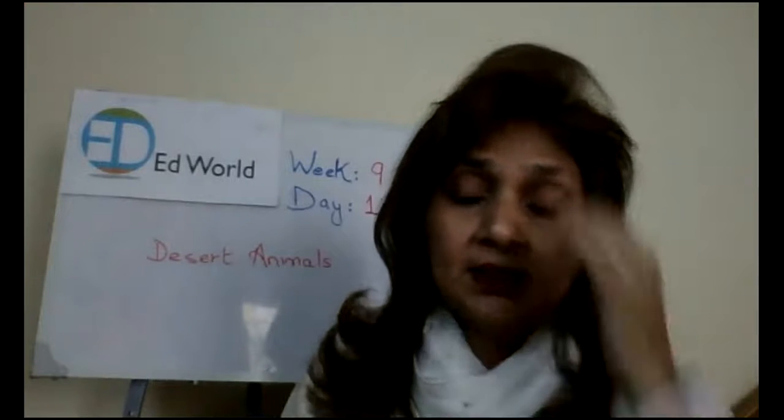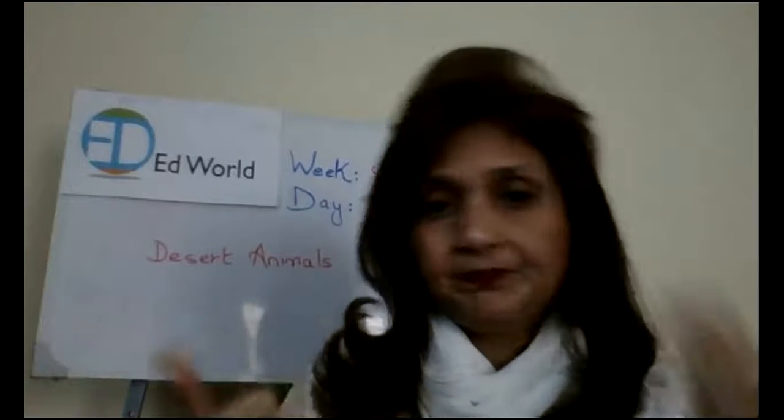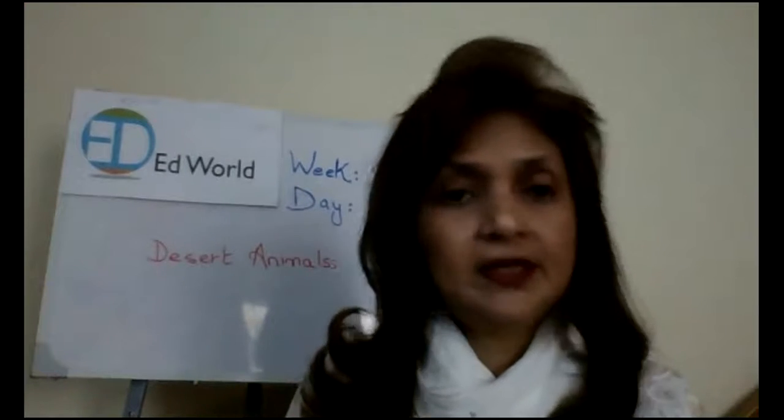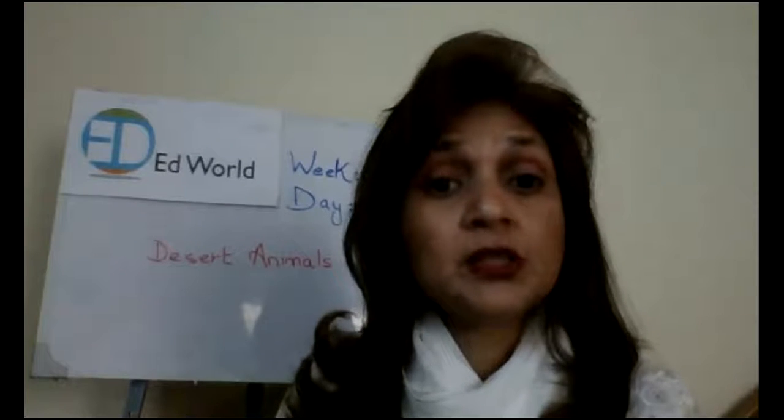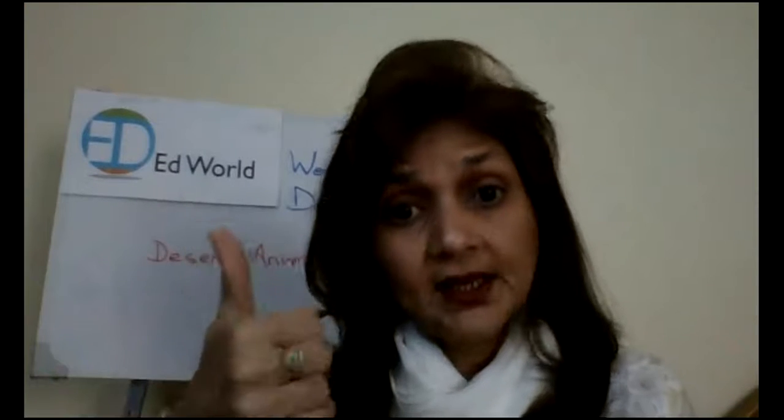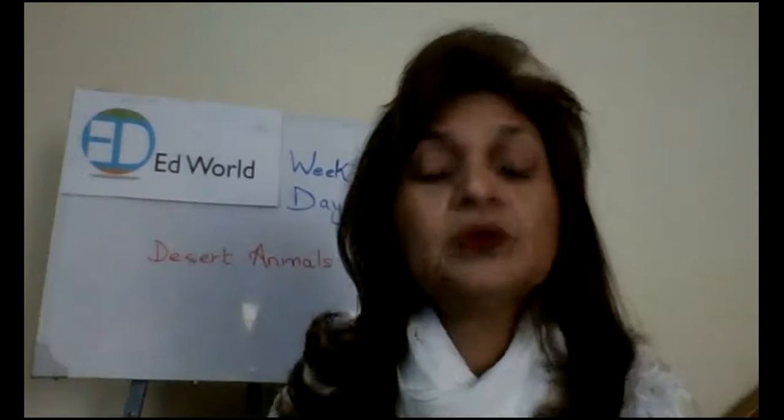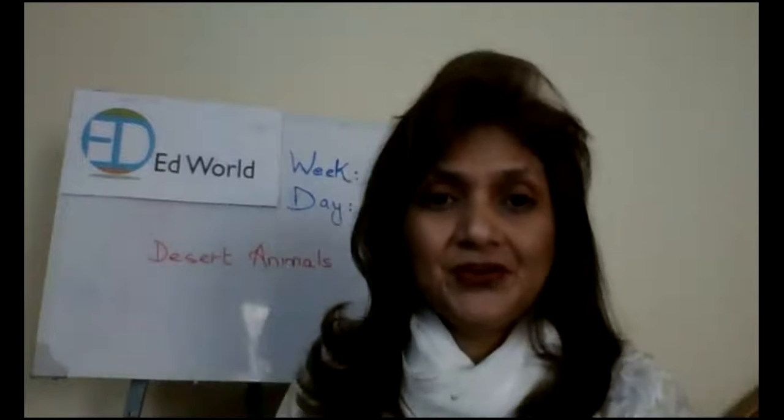Show those things in your drawing, and later on write 2 lines about it, that this is a picture of a desert area and we can find these animals. Write the names of animals and write the names of plants. This is your task. And since it is writing and drawing, I'm going to give you 10 minutes, right? So your time starts now.